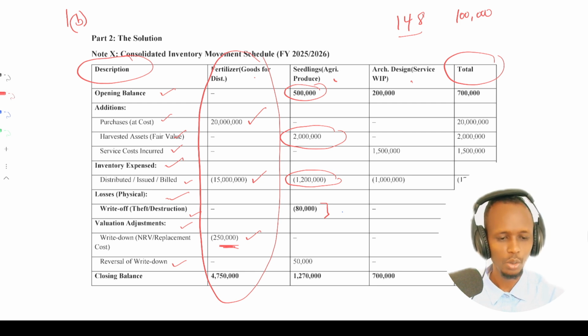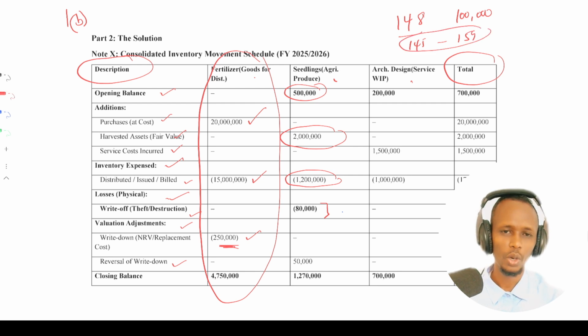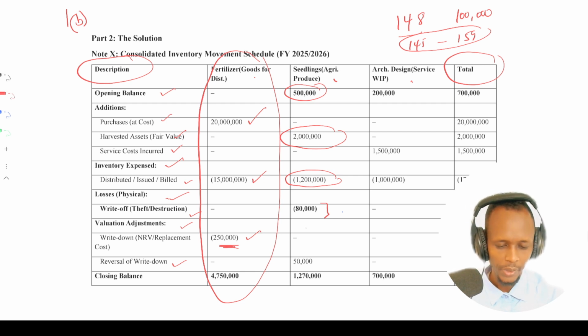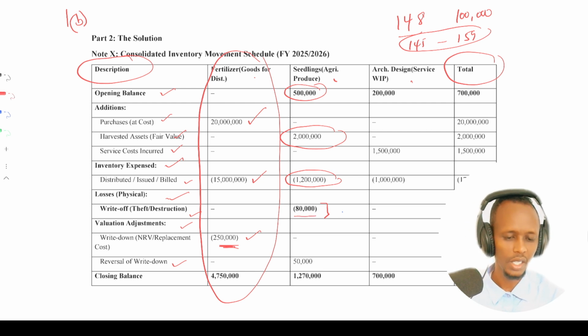Okay, I think it is between 145 to 159. So those regulations all cover and talk about losses and write-off. PFM regulation 2015. So since 80 is within the PS or the accounting officer, this is okay to write off.